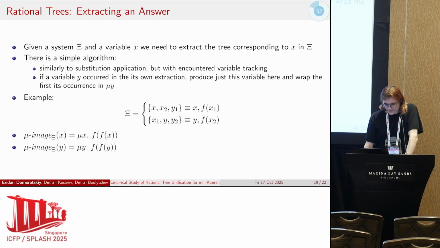For example, if we have such a system and want to get the mu representation for x, we will firstly unwrap x, get f of x1, unwrap x1, get f of x2, and unwrap x2 to x, and we have already seen it. Because of that, we just place x here and wrap the whole term in mu x.